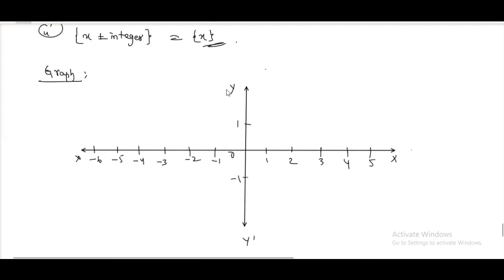Whatever you substitute from 0 to 1 will be the fractional part of that value, so from 0 to 1 it will be like this. From 1 to 2 it lies between here, and likewise 2 to 3. At the integers the value is 0 only, so everything will be like this. This is the graph of the fractional part function.